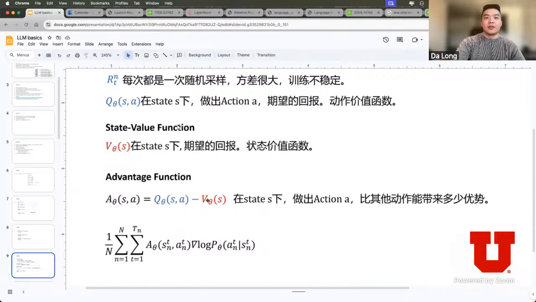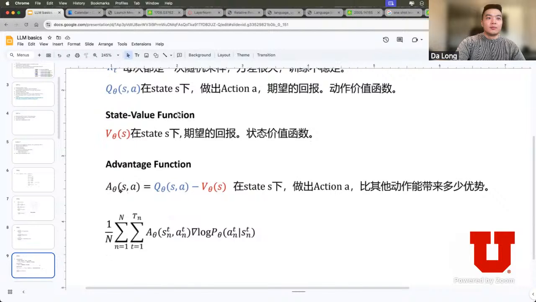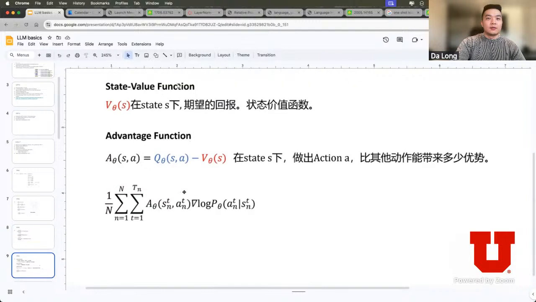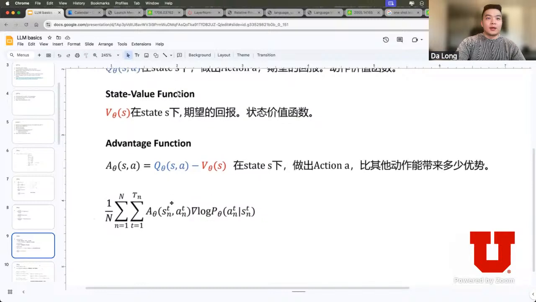The average is V theta of S here. So this is how we define the advantage. Okay, so we can plug the advantage into the previous equation. So there's the advantage over the action we choose.